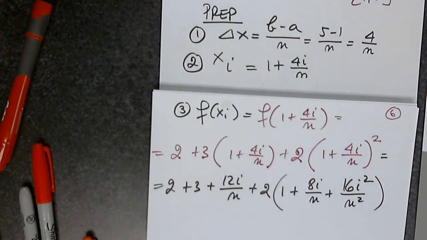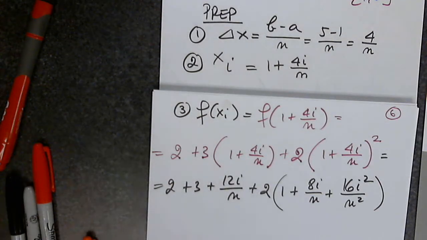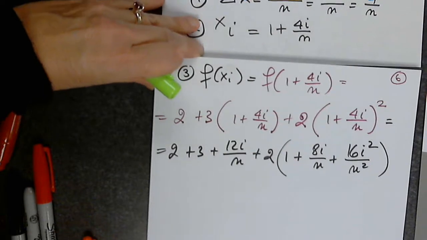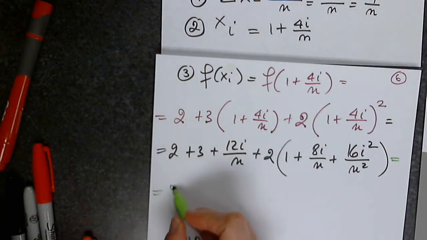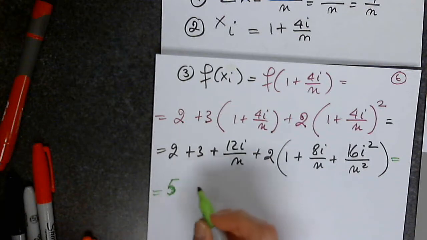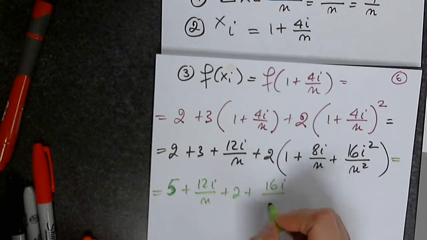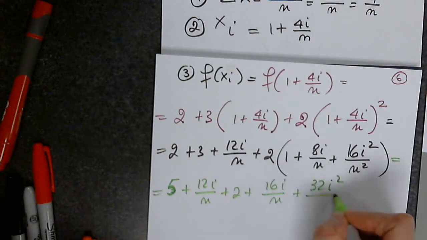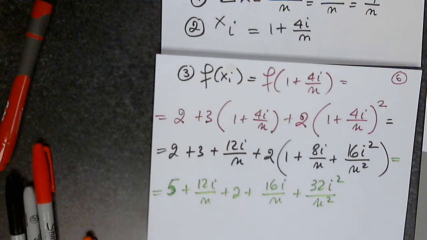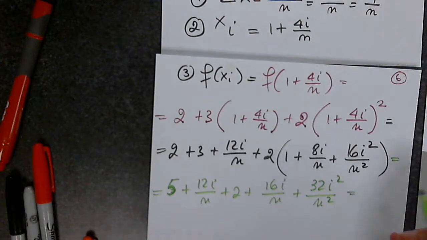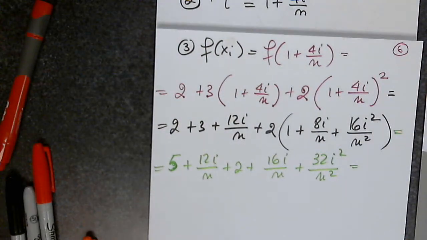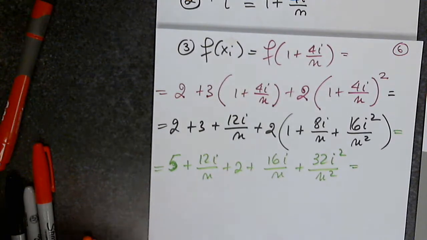Are we okay so far? 2 plus 3 is 5, plus 12i over n, plus 2, plus 16i over n, plus 32i squared over n squared. I removed parentheses. I'm continuing to combine like terms, and I will put the answer in descending order of powers of i. Which one is the first term in that case?